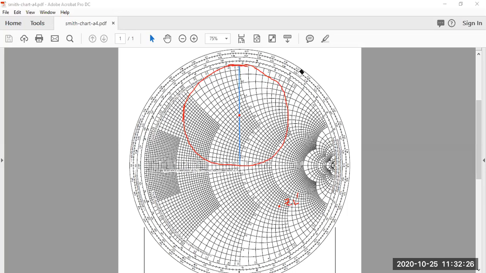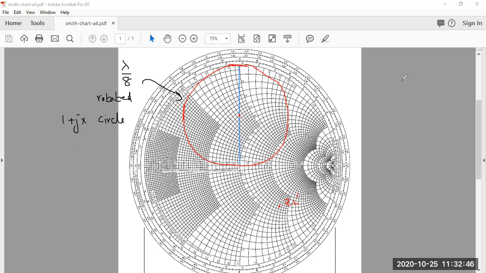So I have tried to draw a circle that I was calling as rotated. So this is lambda by 8 rotated 1 plus jx.